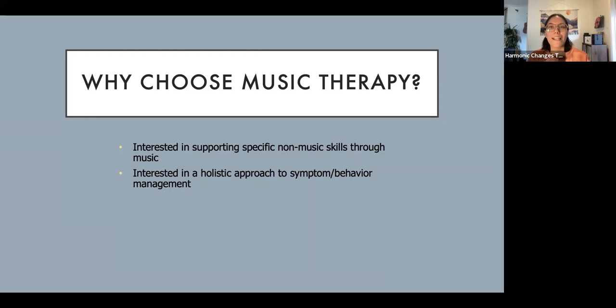So taking elements of music like rhythm or pitch or melody and using them really intentionally to focus in on something like attention, for example. So we might use rhythmic exercise to promote attention, knowing that rhythm drives attention, patterns drive attention. So a rhythmic pattern together is a really strong way to support someone's attention.